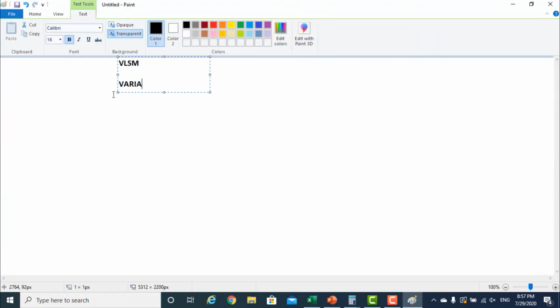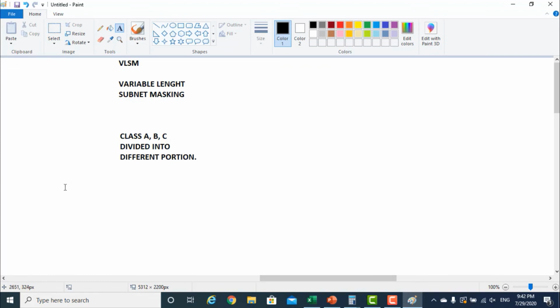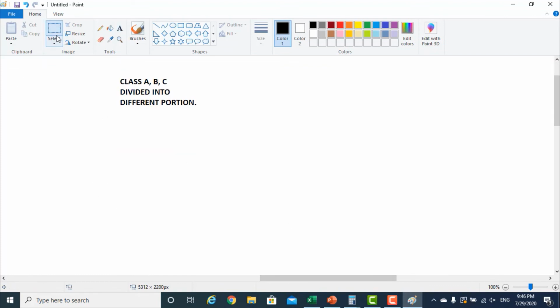VLSM, or variable length subnet masking, is where a class, A, B or C, doesn't matter, is divided not into fixed parts but into variable, different portions. I will take a pause here for a break. We will have an example of VLSM.